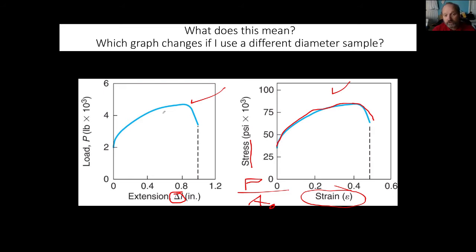So if you have aluminum and steel and maybe they're slightly different diameters, you're going to get different load and extension curves, and you can't really know if it's the sample dimensions that cause the differences or if it's the material itself, if you're going to do load versus extension. So that's why we do stress versus strain. It gets rid of the geometrical components or attributes to the load extension data that you get.